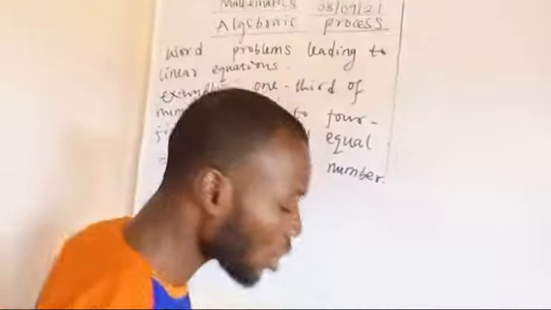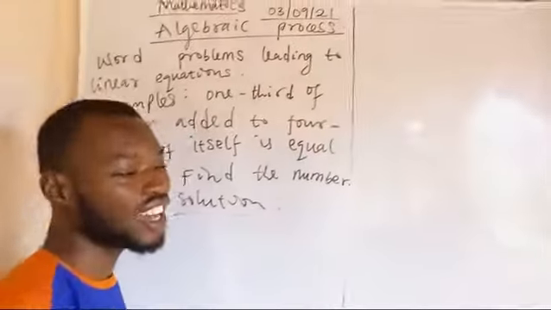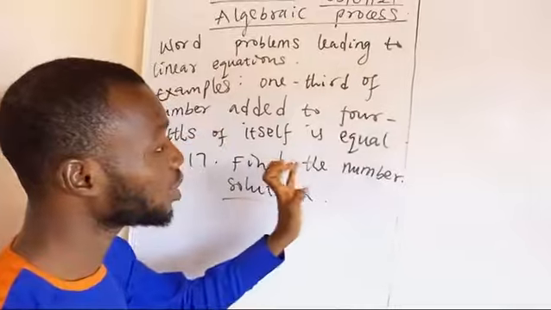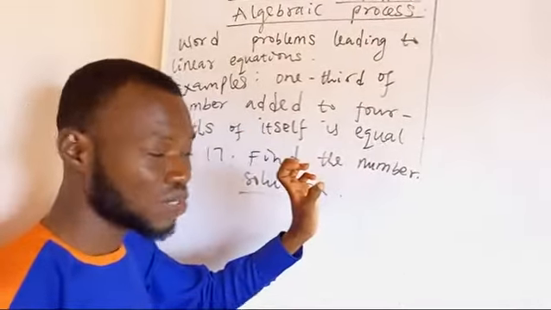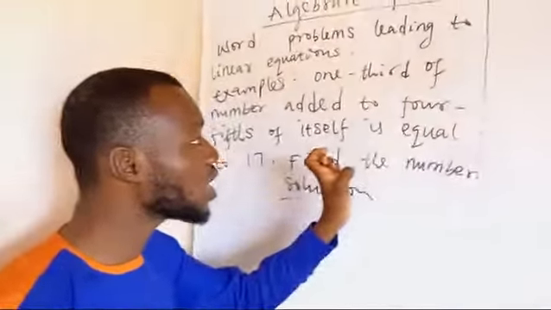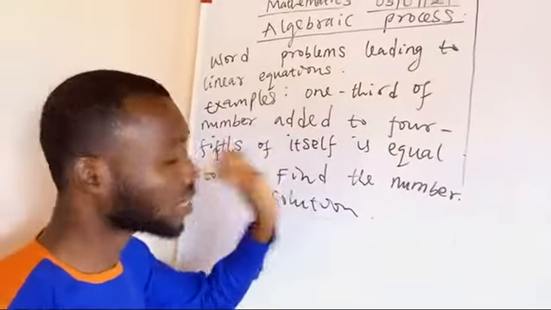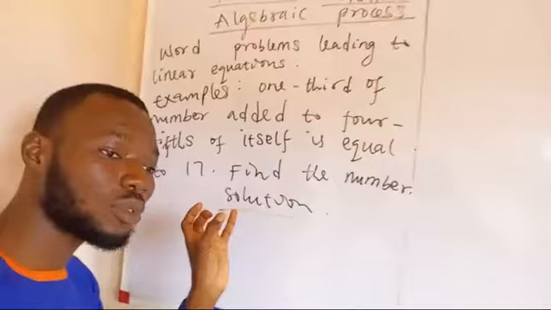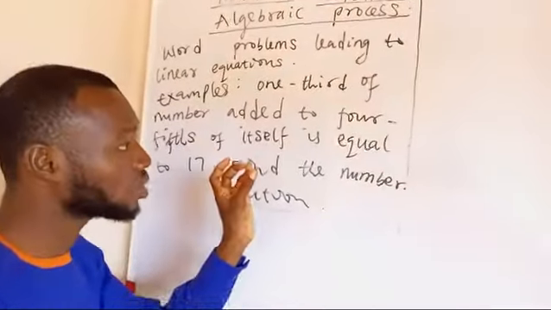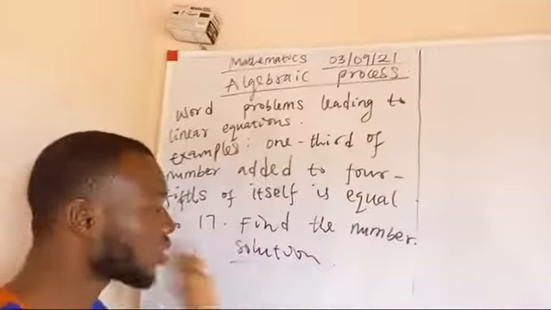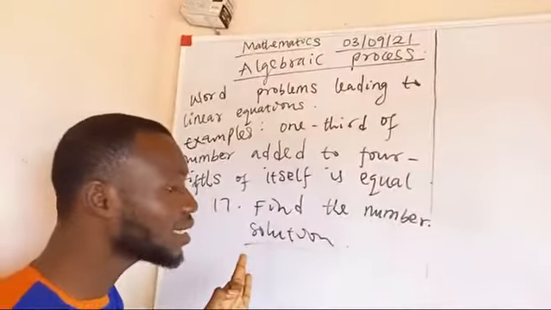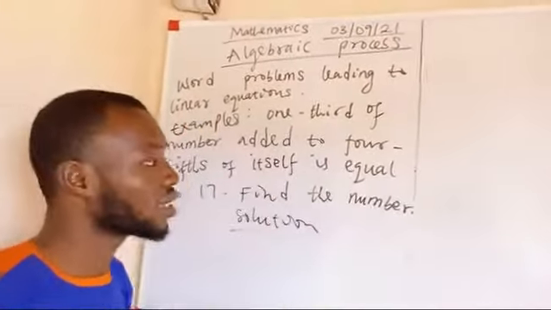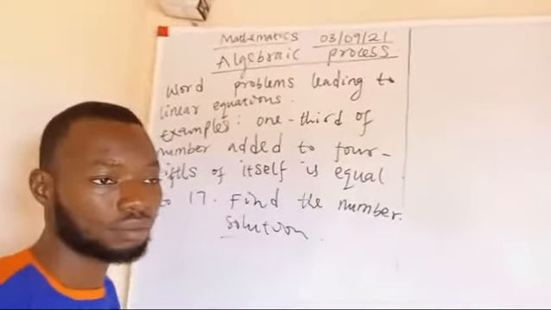Okay, the first thing you're going to do in this word problem leading to linear equation is first of all understand the statement. If you understand it, you can translate it correctly, because if you do not understand what the statement is all about, you may not translate it correctly. Another thing is you have to use a letter to denote the number.